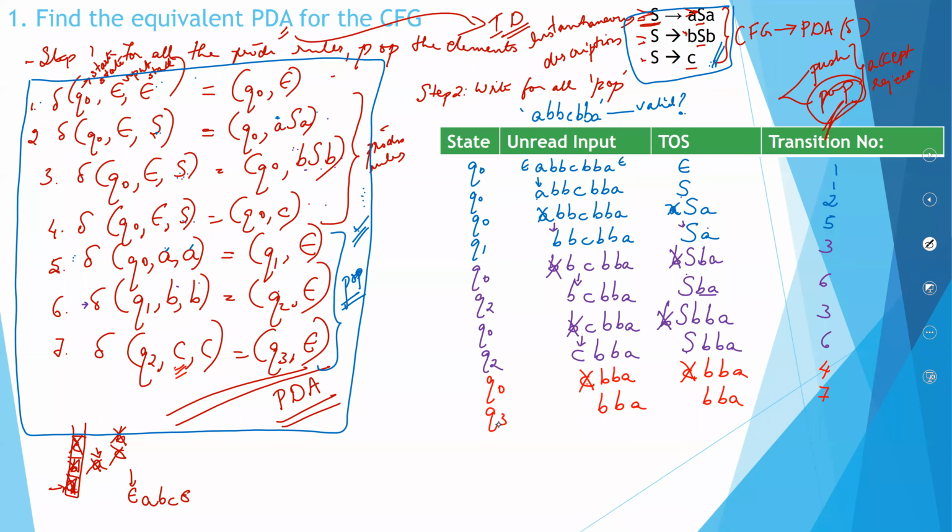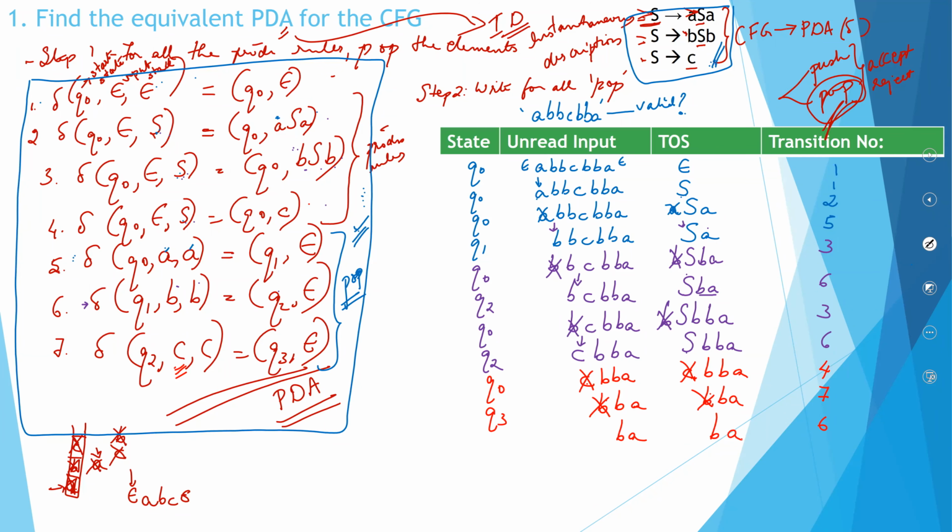Okay, top of the stack is B. My input is B, which means, because of my 6th transition rule, I can pop out BA. I will be in my state called Q2.